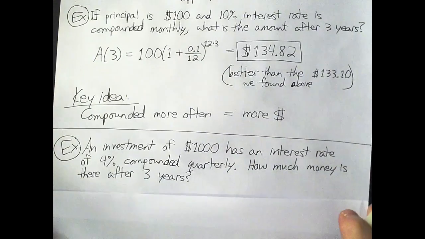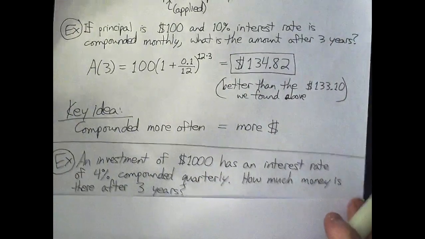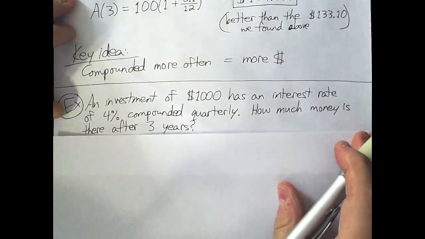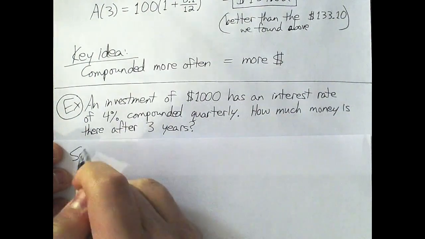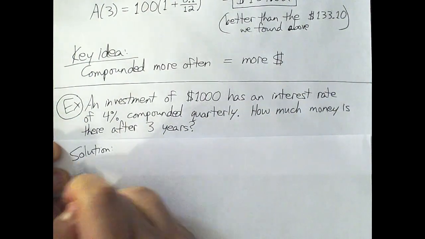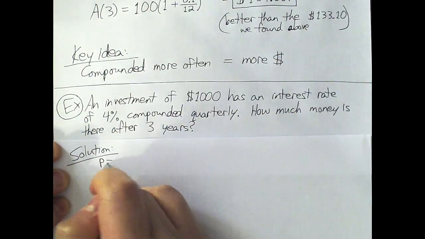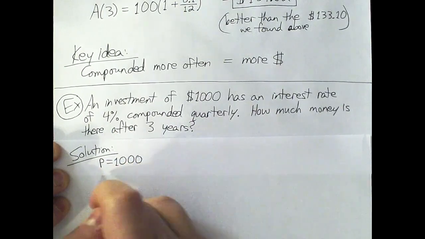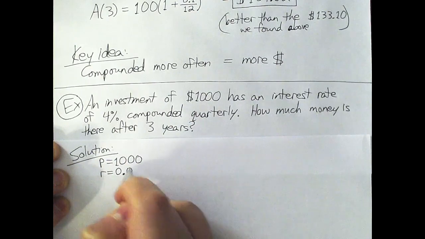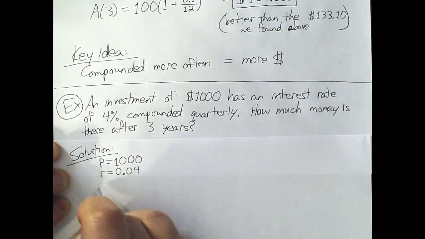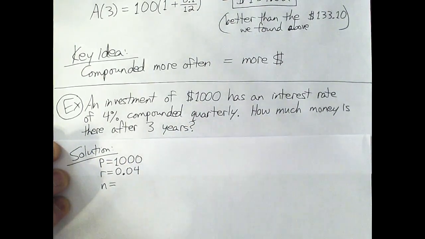All right, so there's not a whole lot to write for this, but I do want to show that we're putting this into that interest formula. Solution. First of all, just to get organized here, I'm going to write what all these things are. The principal was 1,000. The interest rate that we're using is 0.04. N, the number of times that interest is compounded per year.